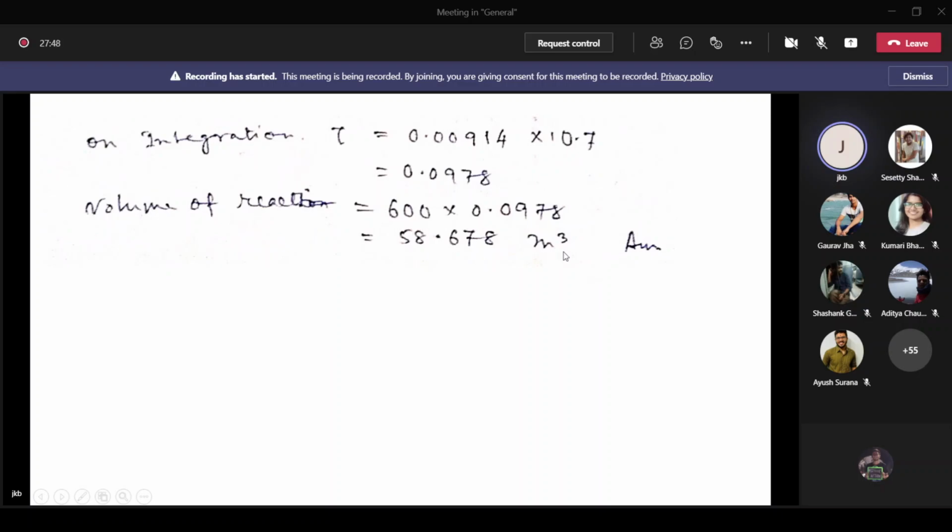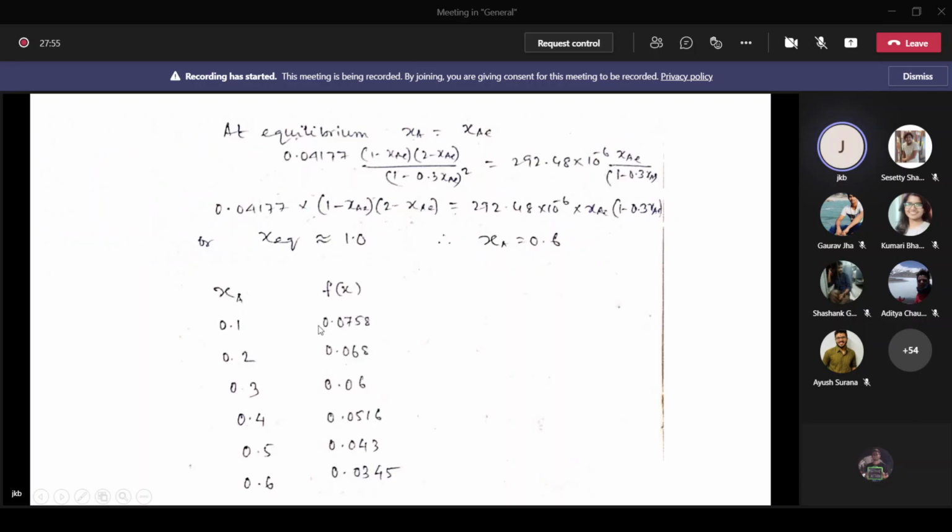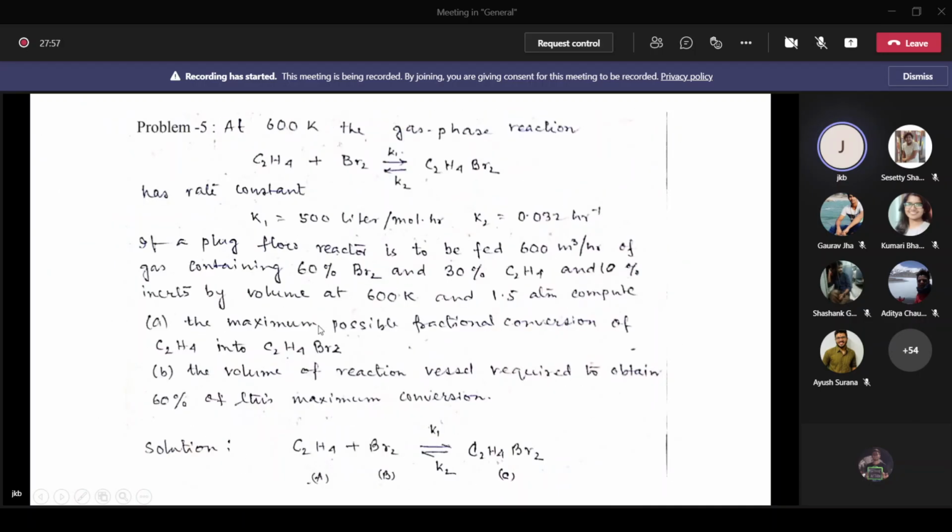If the volumetric flow rate is given in meter cube per minute, then tau will be in minutes. Check what the volumetric flow rate is in the problem. 600 meter cube per hour.